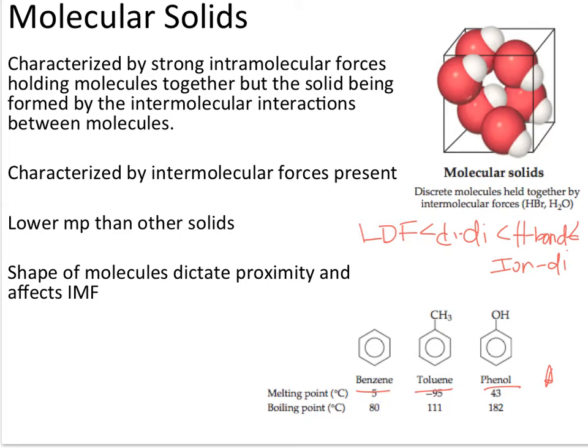So if we look at the case of benzene versus toluene, they're going to have similar intermolecular forces, and the intermolecular forces that are present are going to be altered by the presence of this CH3 group in the toluene.